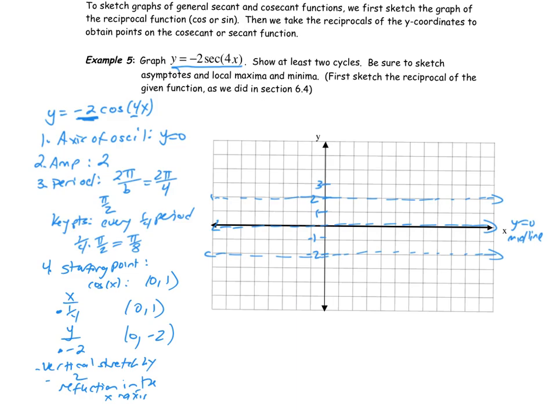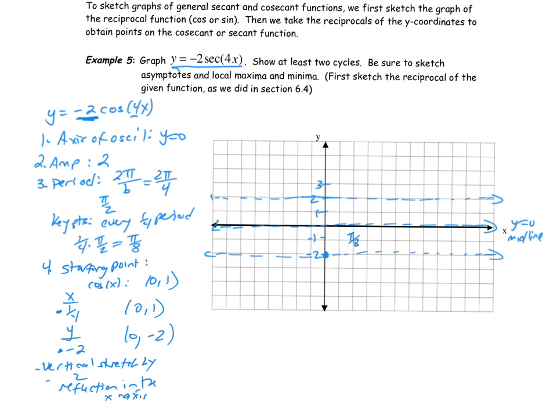And then the last thing we need to think about is it is reflected. We already mentioned that. So let's go ahead and sketch in cosine. I'm going to put in our starting point at 0, negative 2. And for the x-axis scale, we said a good unit to use would be pi over 8. So I'm going to count by pi over 8. Two lines are pi over 8.